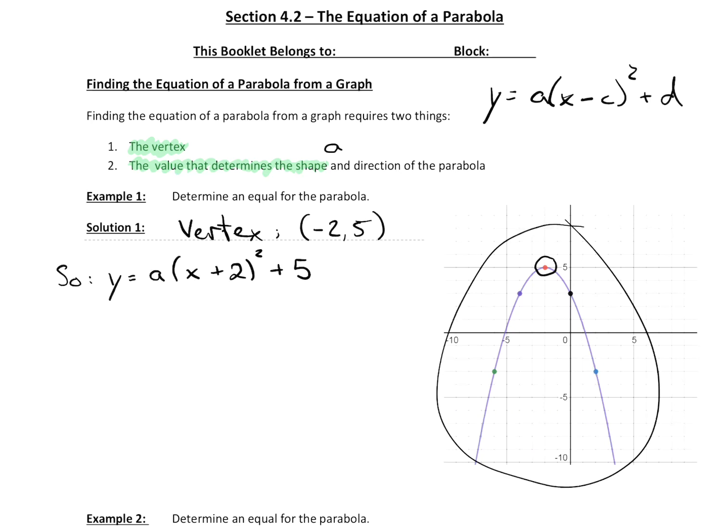So now that we have this, we need to figure out, well, what's a? Now, there's a couple ways you can figure this one out. You can do your sort of cheeky thing that I demonstrated last time. So normally we would go over 1 from the vertex, and in this case we're going down, so we already know a is negative. So normally we'd go over 1, down 1.